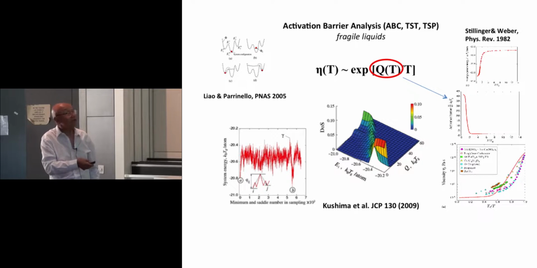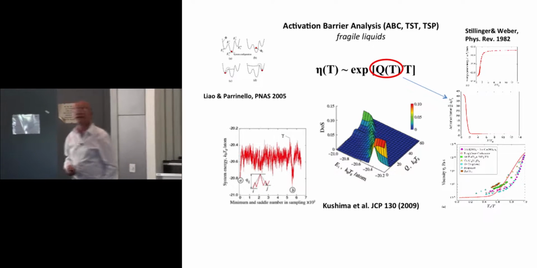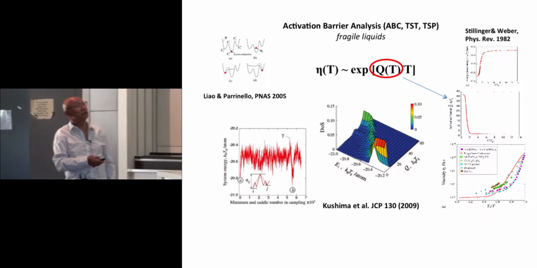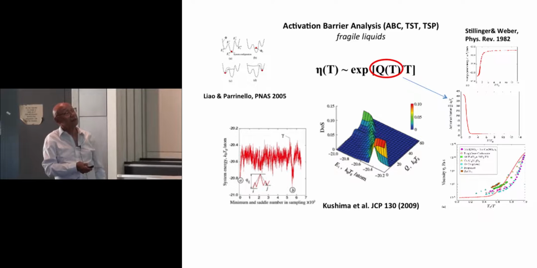There are all kinds of combinations of Qij for various J's and so on. So this becomes a sort of statistical analysis. But at the end of the day, you can come up with the activation energy as a function of the initial state where you start. But then this only gives you the activation part.